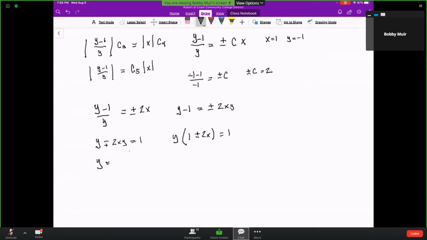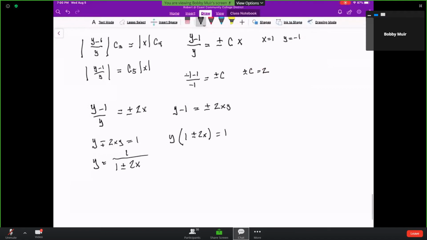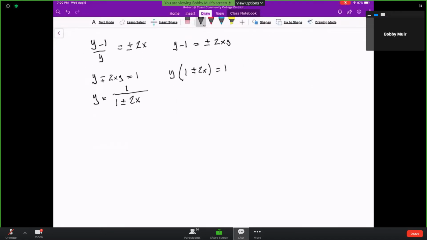So y equals 1 over 1 plus or minus 2x. Okay, now I want to check both of these answers. So let's let y1 be 1 over 1 plus 2x, and let's let y2 be the other one.